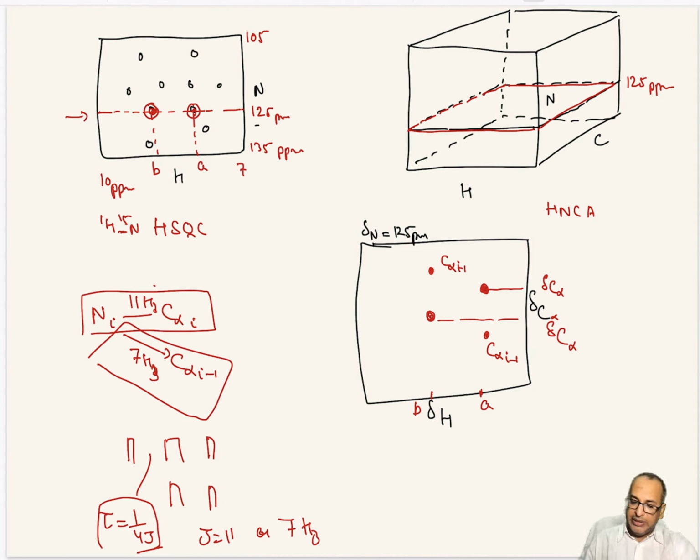So now let's say for each HSQC peak, you make a list of such peaks, with C alpha I and C alpha I minus 1, right?